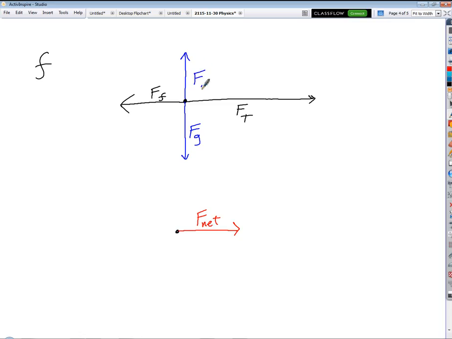The reason it's called the normal force, those of you in calculus, we've mentioned this word before, right? You've done some problems where you calculate a tangent line or a normal line. Tangent line was always parallel to the surface. What did the normal line do? Remember?